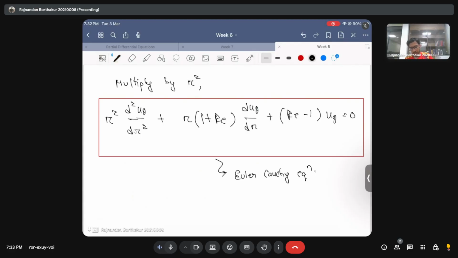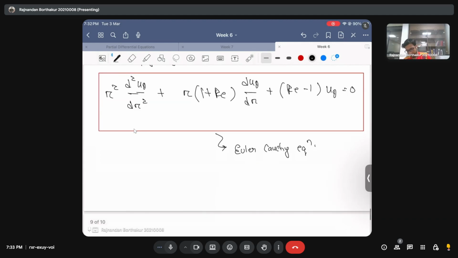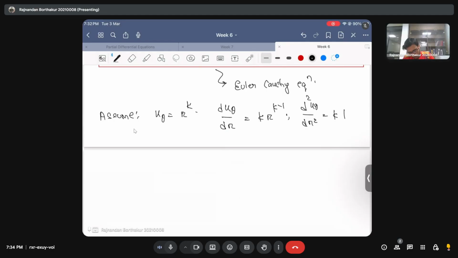Now it is well known, because since this is an Euler-Cauchy equation, we know the solution. We assume u theta to be of the form r power k. Therefore, du theta by dr is k times r power k minus 1, and d2 u theta by dr2 is k times k minus 1, r power k minus 2.